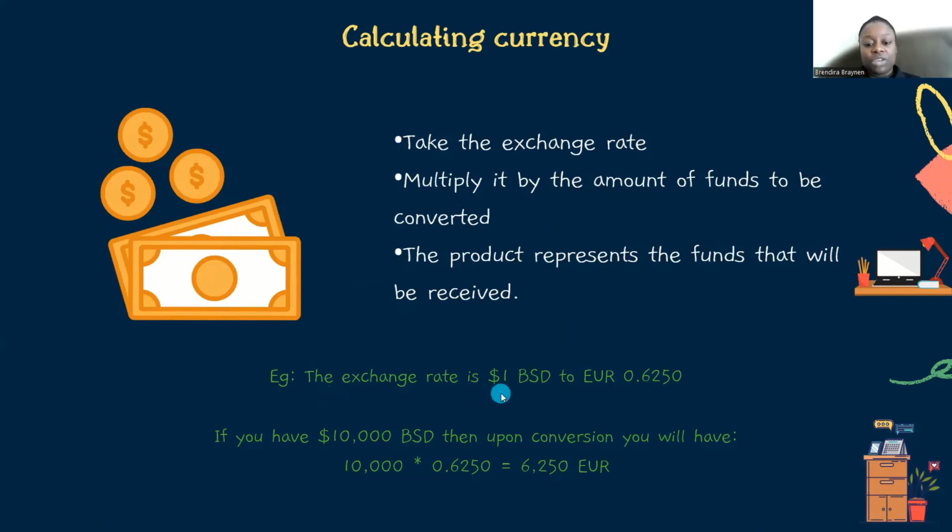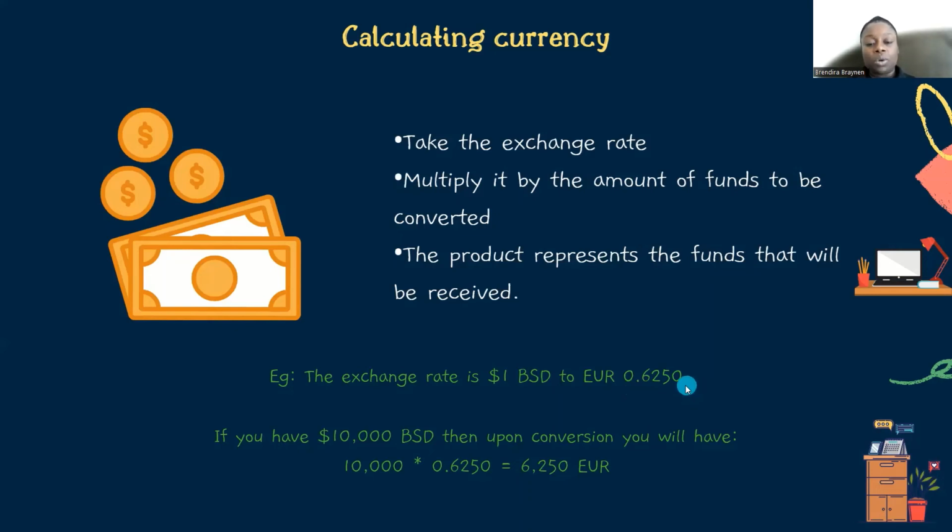If they say the exchange rate is $1 to 0.625 euros, that means if I try to exchange one Bahamian dollar for €1, I'm not even going to get a whole euro. I'm going to get about 63 cents for each dollar. And so if you're sending somebody, or if you're going to a foreign country with funds, you need to make sure you know how much you're going to have.